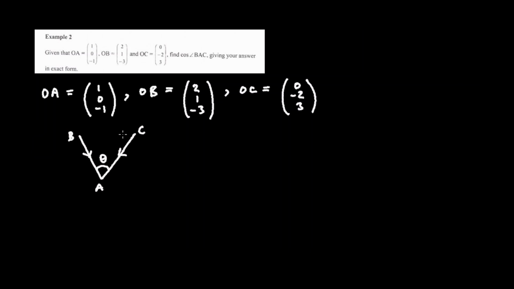So when it is like this, what it means is cos of the angle BAC is equal to BA dot AC, not AC, dot CA, because they point in the same direction, over the size of BA, size of CA.